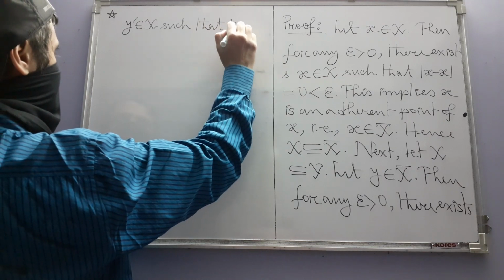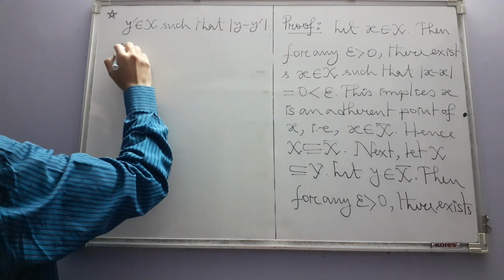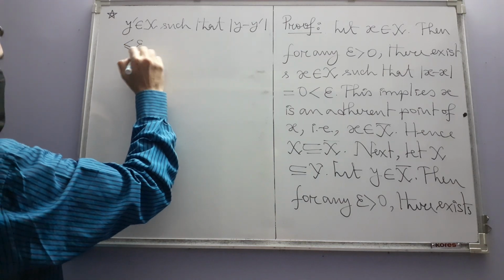In other words, the distance between y and y prime does not exceed epsilon.